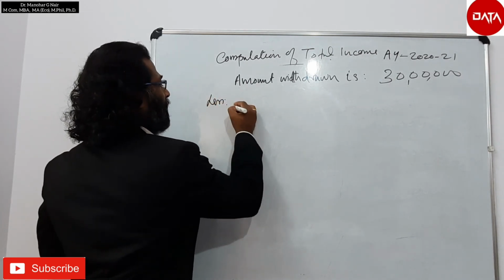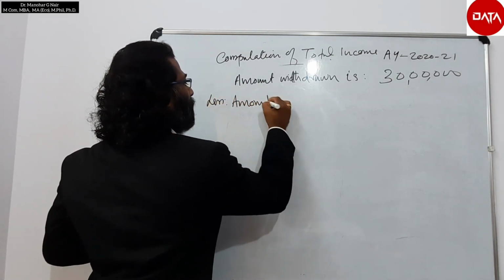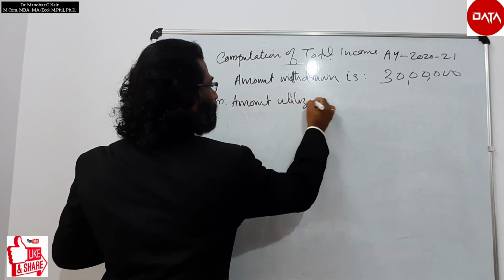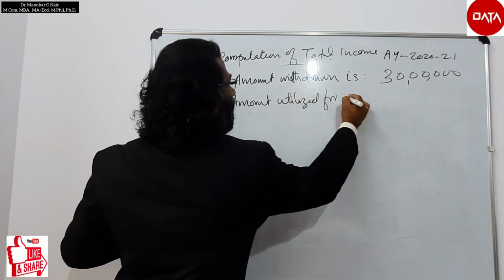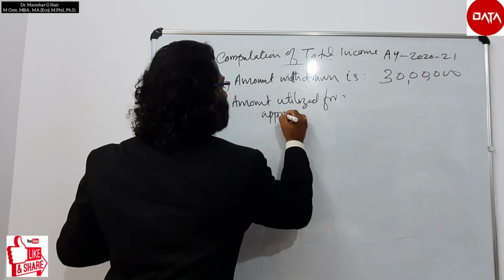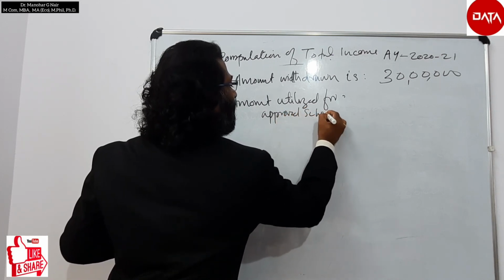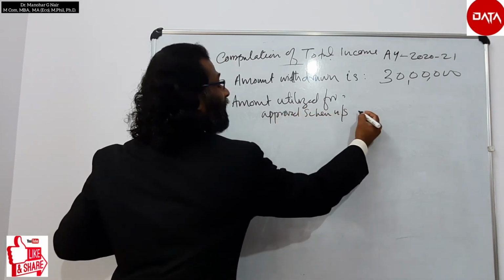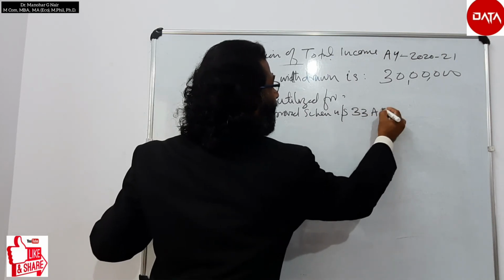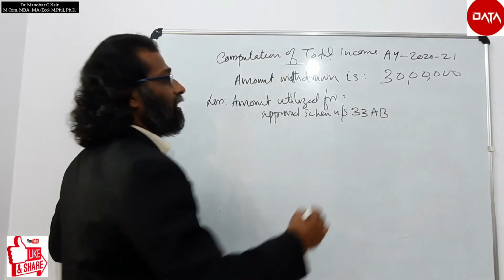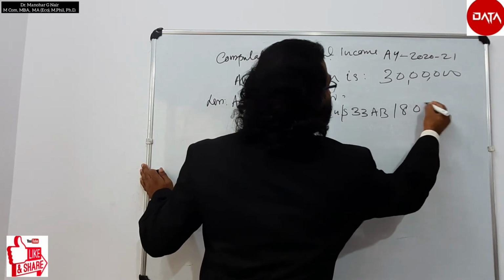Less amount utilized for approved scheme under section 33AB, the amount is 18 lakhs.